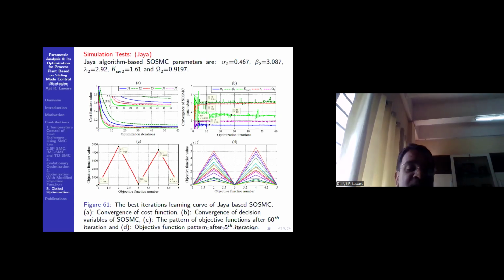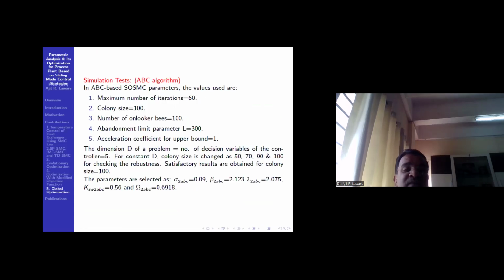This objective function C is after the 60th iteration, and this is the intermediate objective function pattern after the 5th iteration. After the 6th iteration you get a uniform increasing and decreasing pattern, whereas here you observe a complex objective function pattern. So this is for the Jaya SOSMC pattern.